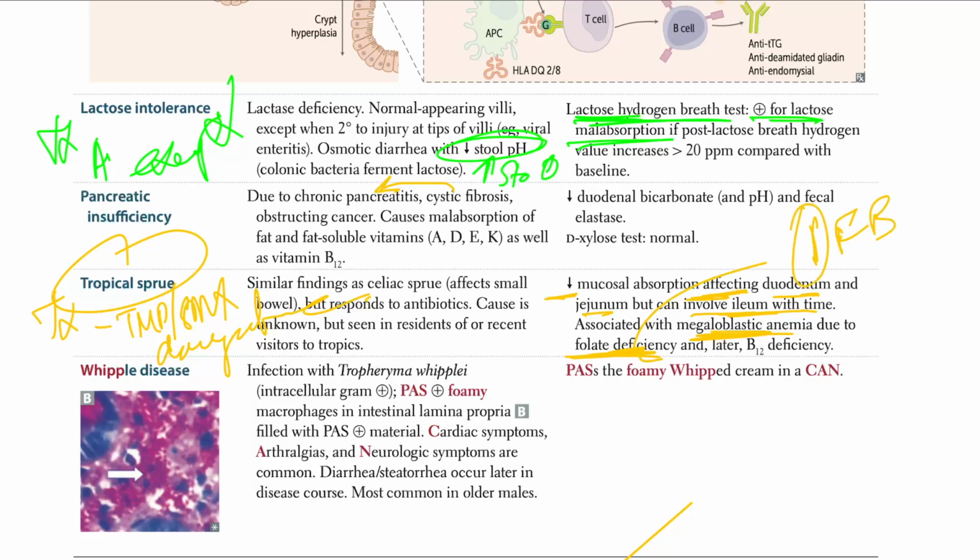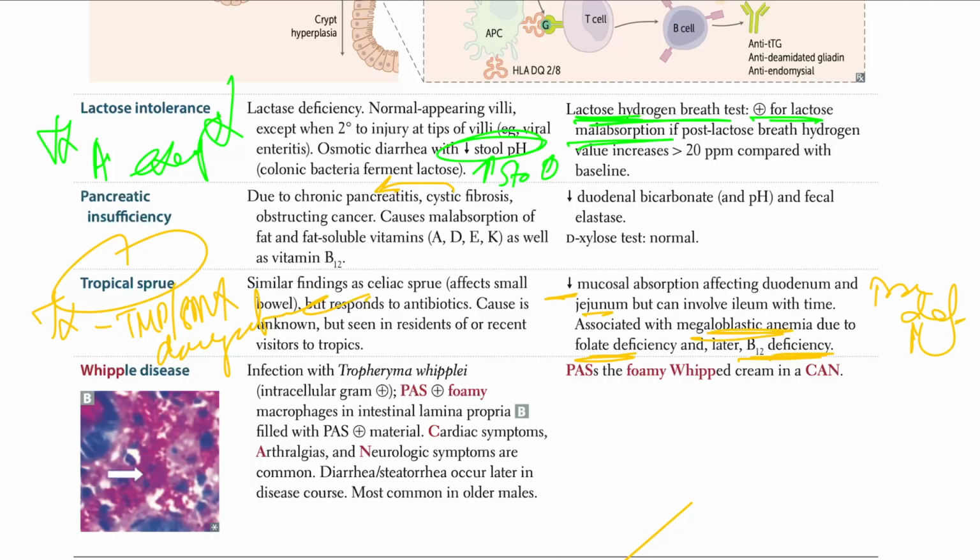Iron being duodenal absorption, fist being all small intestine, bro means ileal, B for B12, F for folate. So you have all three of them: folate deficiency, vitamin B12 deficiency, and also you can have an iron deficiency.